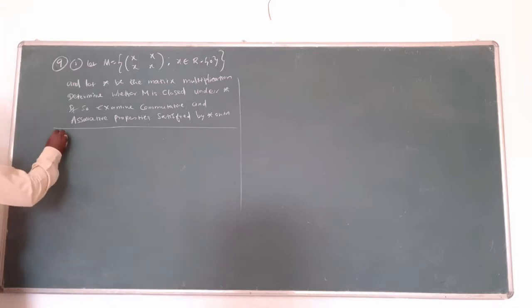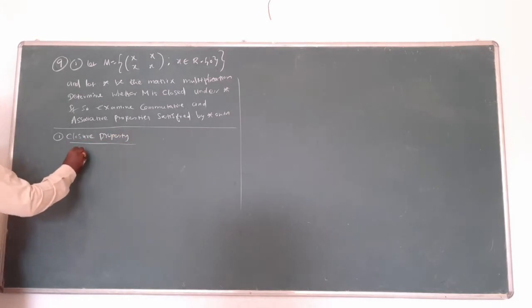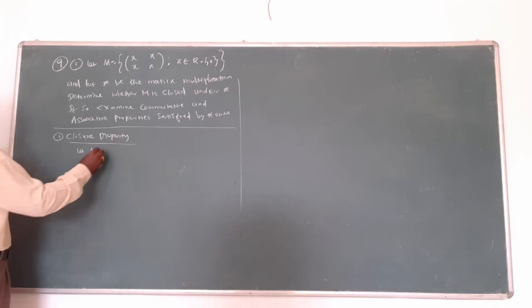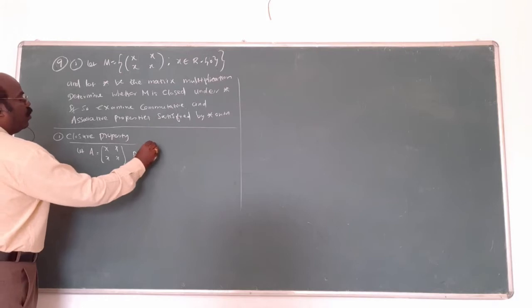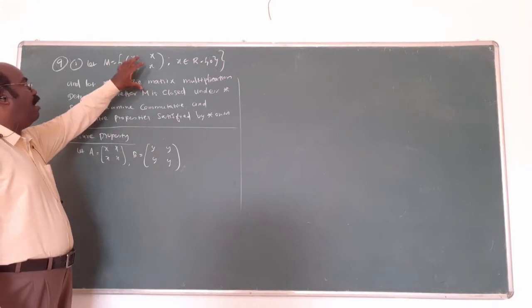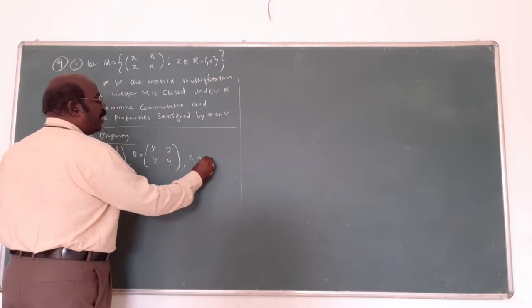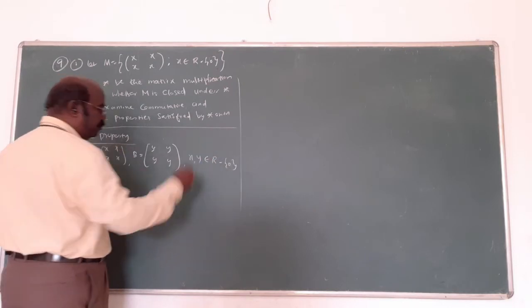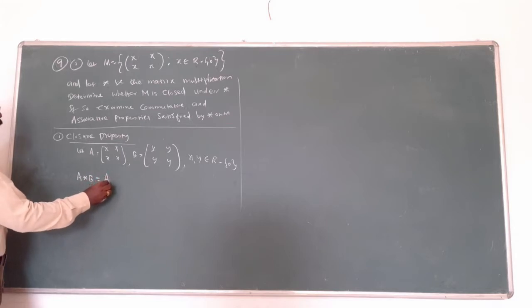The first one is the closure property. Let A be the matrix [x x; x x] and B be [y y; y y], because you consider two matrices where all elements are equal, and x, y belong to R minus 0. Now you want to multiply both, with star the ordinary multiplication.